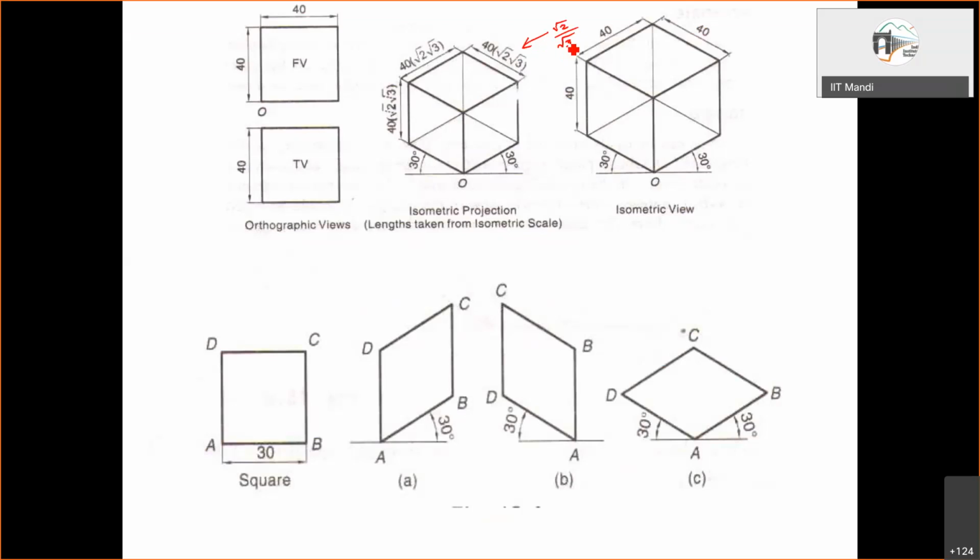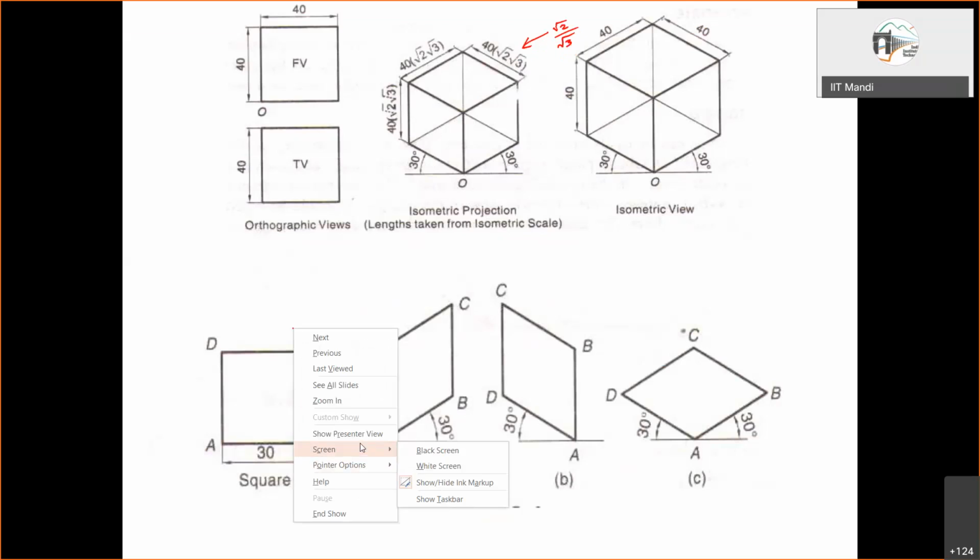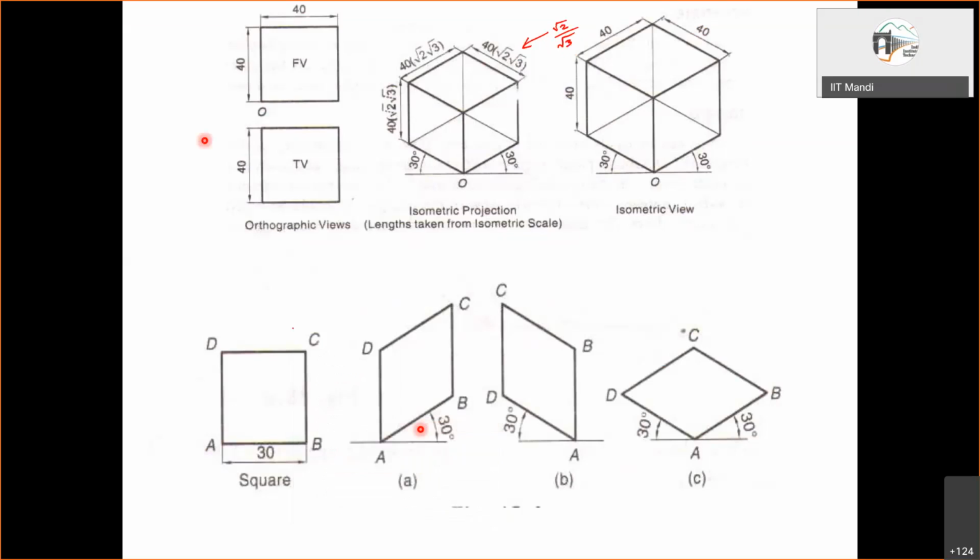Yeah. Now what I was saying is, the first diagram here is actually showing us the orthographic views. Okay. So this is showing the orthographic views, and then the corresponding isometric projection is shown in this one. Okay.